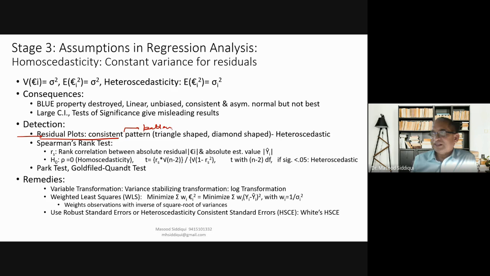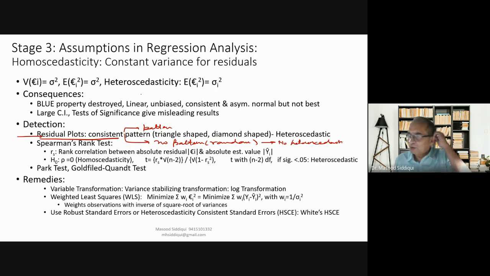And if there is no pattern, means data is distributed randomly, then we have no heteroscedasticity. There are some better tests also, but we are not discussing them because it is just an introductory class. So we are checking these assumptions in one go through the output.